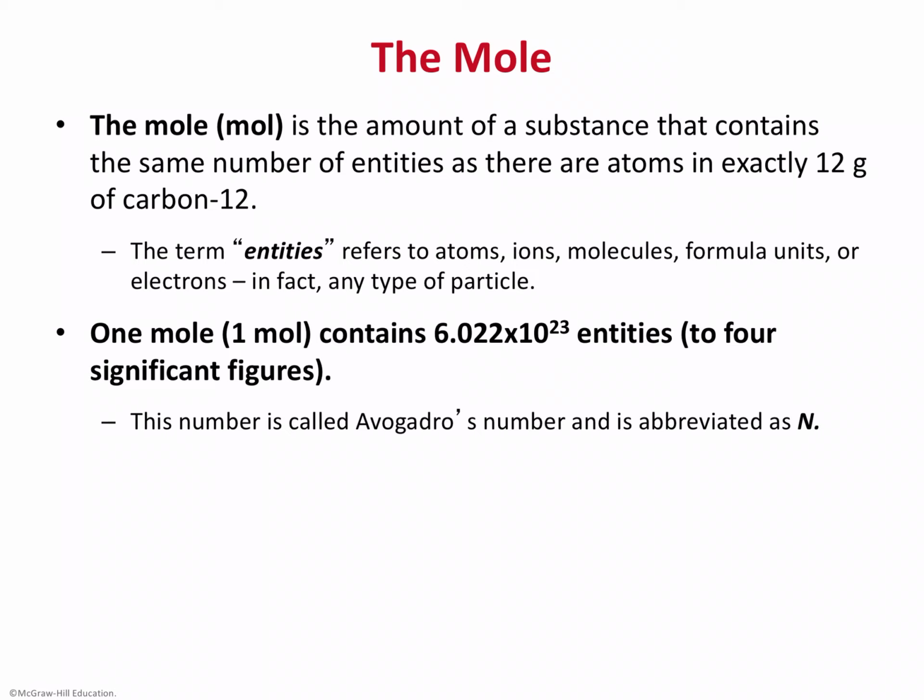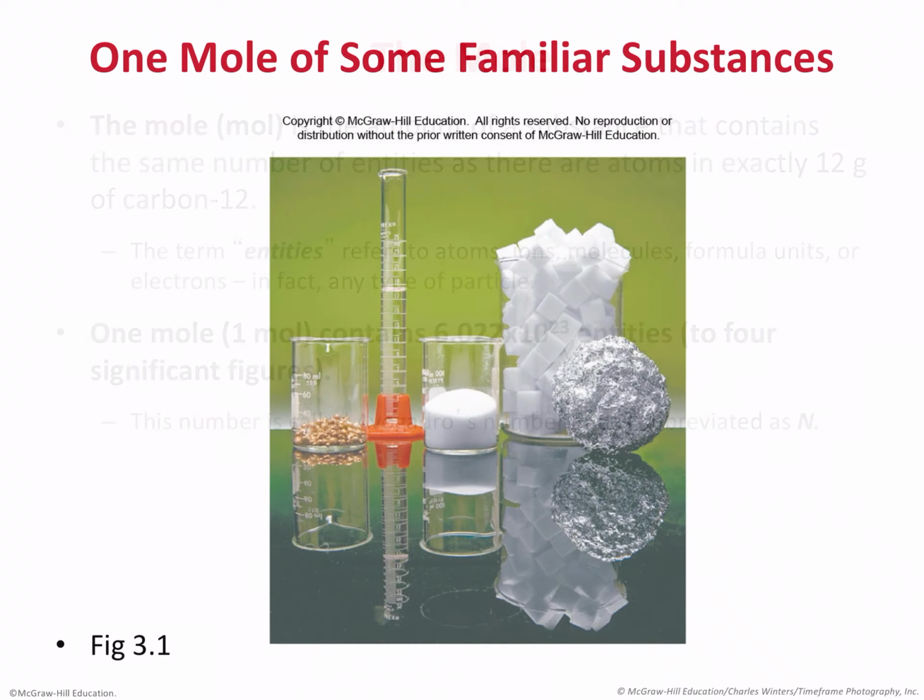For example, if you take 12 grams of carbon 12, it has this many atoms, it has this many ions, it has this many molecules, it can have this many formula units, or it can have this many electrons. So these are 1 mole of some familiar substances.